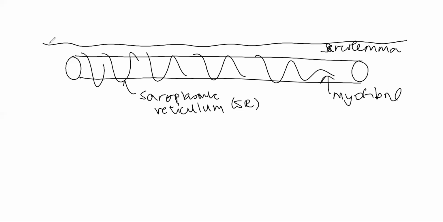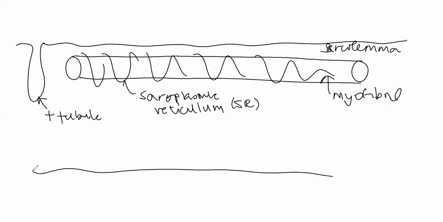Okay, so let me just come over here and say that we have this T tubule. So when that wave of excitement comes down the length of your muscle cell, here's your muscle cell, those waves of excitement open up these sodium channels, and sodium rushes in deep into these T tubules.